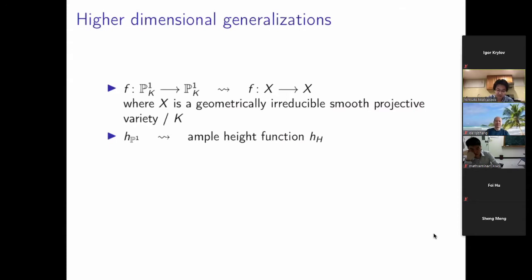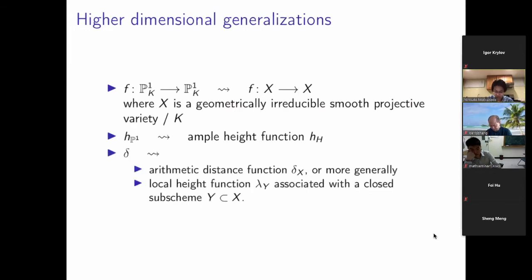The height function is also defined in the higher dimensional case in the very same way, so there is a notion of ample height function on projective varieties. Maybe you're familiar with this notion. And the distance function: there is actually a notion of arithmetic distance function on any projective variety.